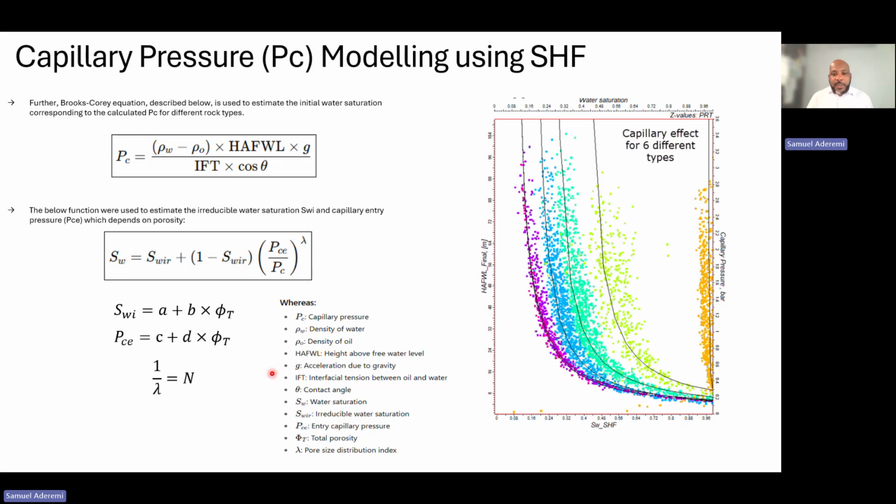So you know all the parameters in this case, and in the case of Brooks-Corey, the capillary pressure is calculated per each cell in the model as a result of the height above free water level.